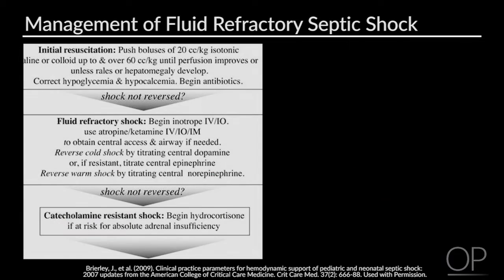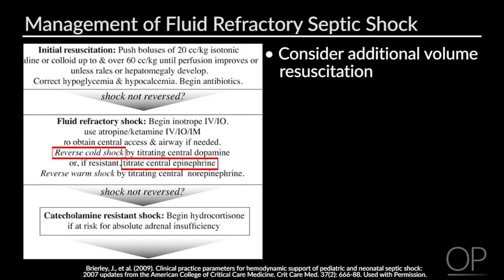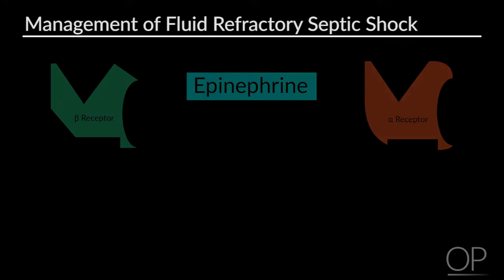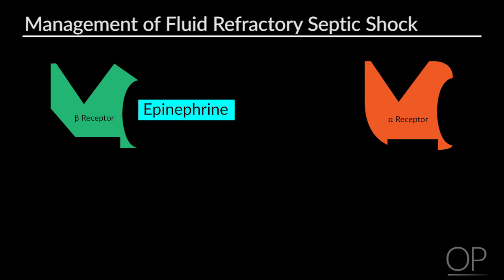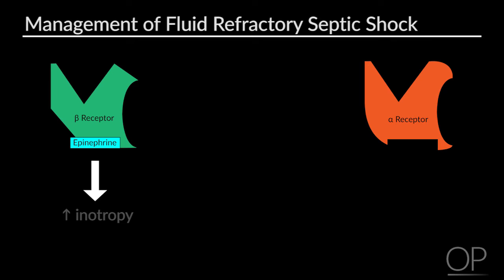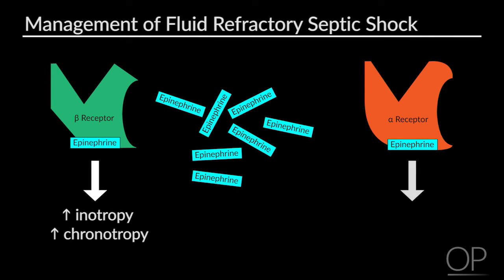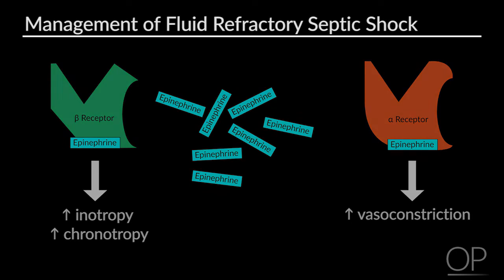If a patient has fluid refractory dopamine-resistant shock, we would then select the next vasoactive medication based on their clinical exam. So epinephrine for cold shock when somebody's vasoconstricted. We'd also consider additional volume resuscitation and making sure that the hemoglobin level is above 10. Epinephrine works primarily at low doses on the heart to increase inotropy and chronotropy, and at higher doses has alpha effects to provide some vasoconstriction as well.